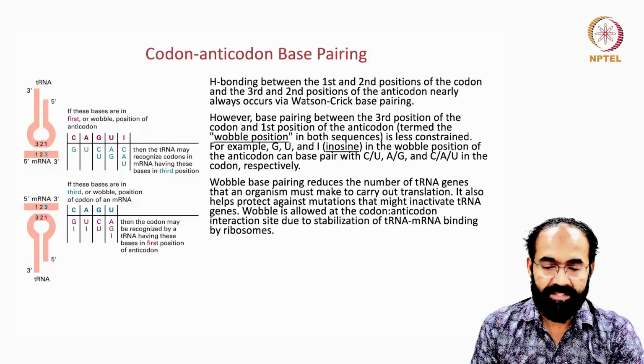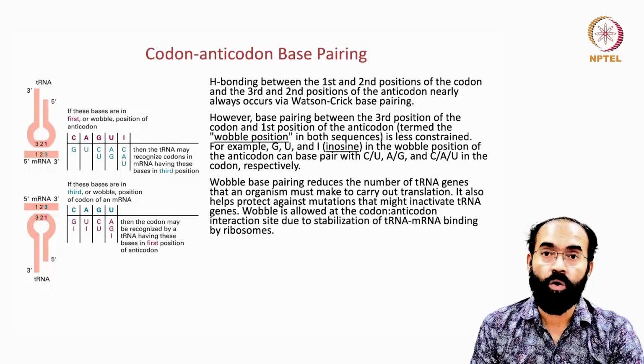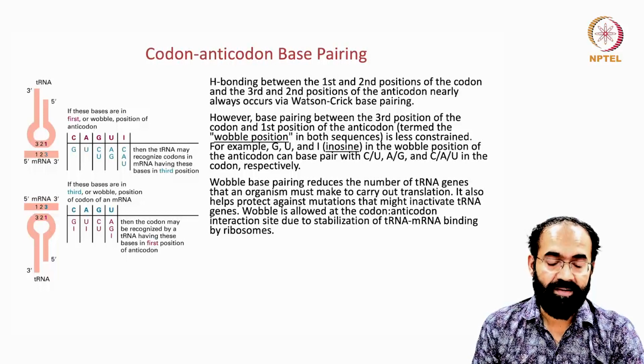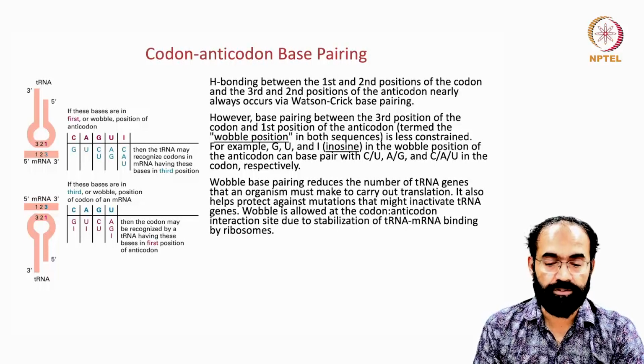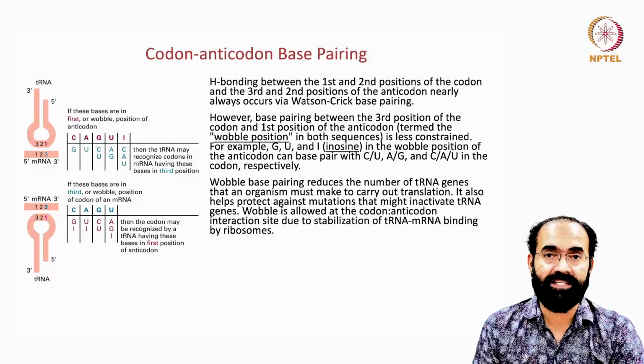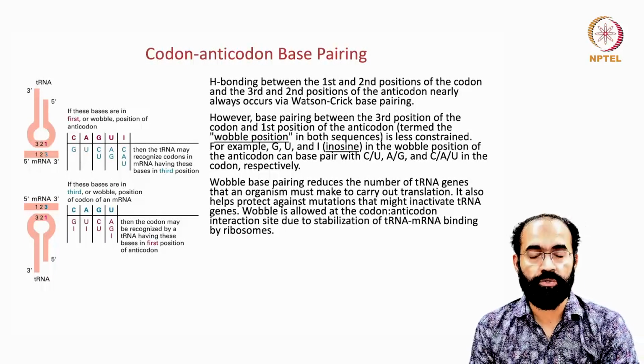That means G can pair with C or it can imperfectly pair with U, and in the same way U can pair with A, which is its normal pairing partner, and also it can weakly pair with G. And if I is present in the tRNA, it can allow pairing with C, A or U.